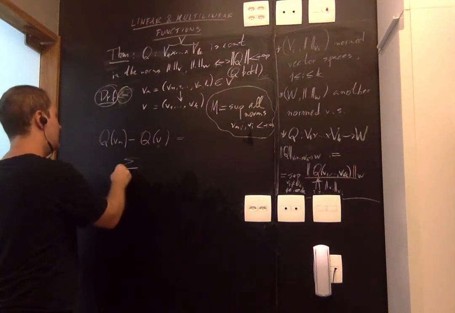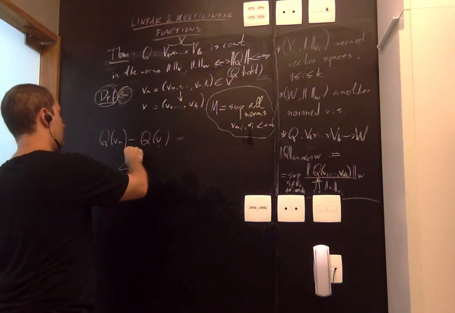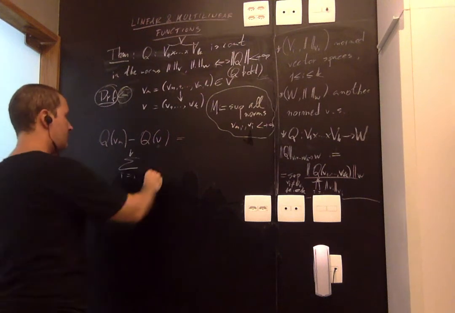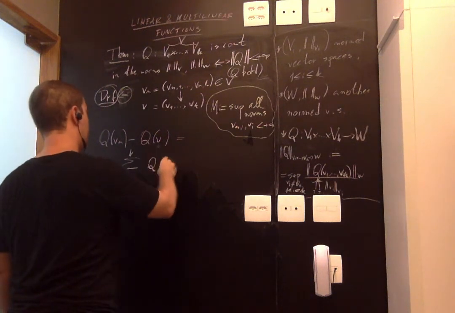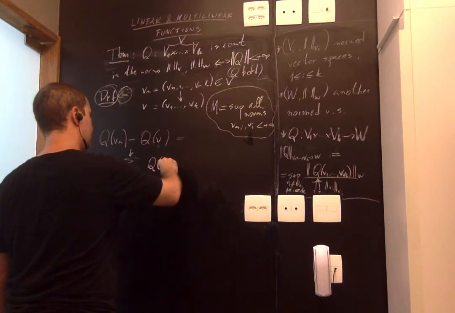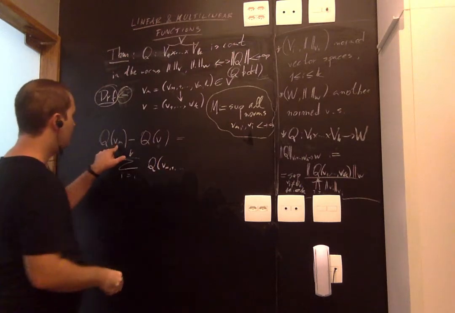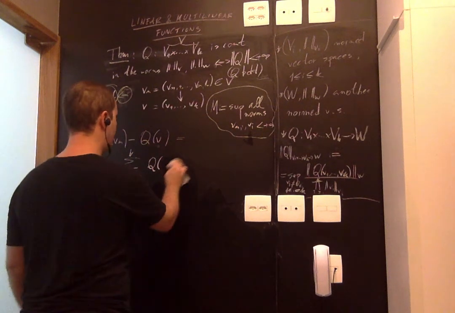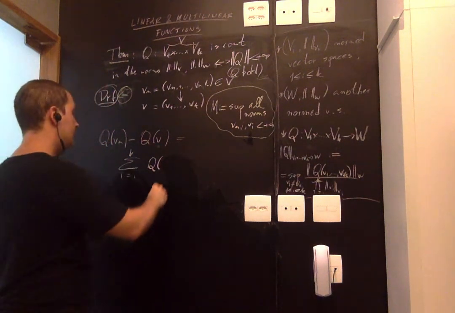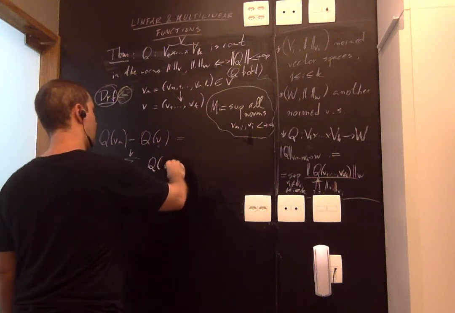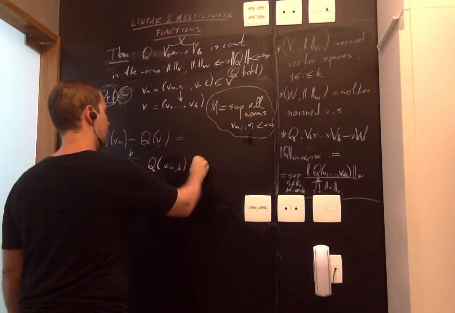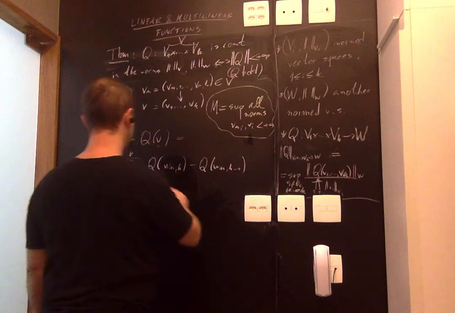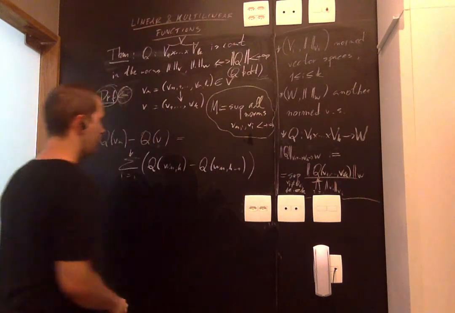So we do this. I'm going to build a bunch of intermediate terms between these guys. Let me call them W_n^k, minus Q of W_n^{k-1}.